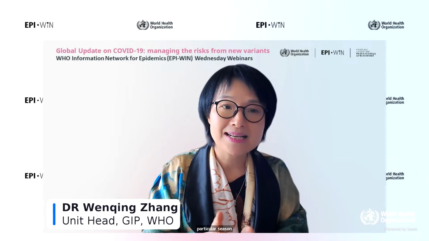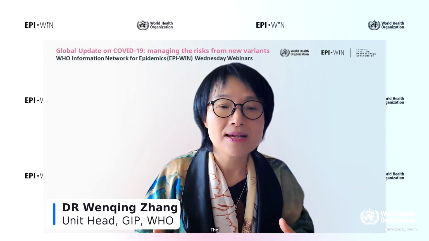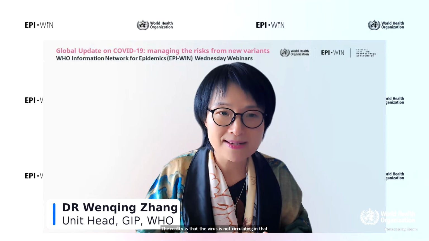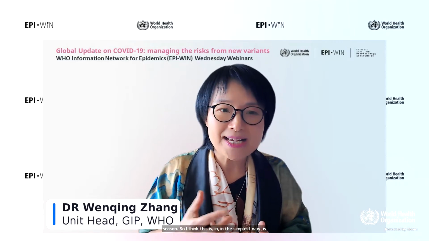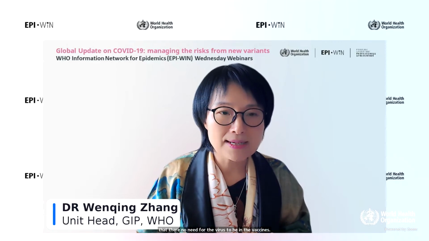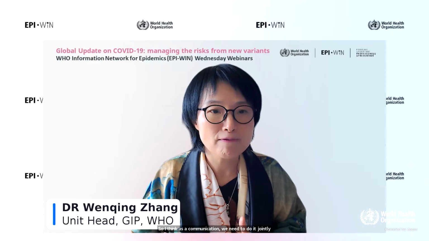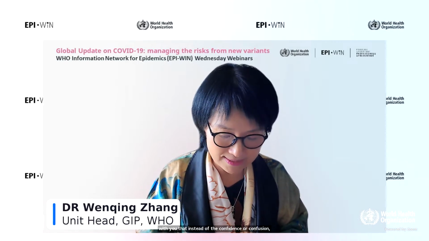The reality is that the virus is not circulating in that season. So in the simplest way, there's no need for the virus to be in the vaccines. So I think the communication, we need to do it jointly with you, so that instead of confusion, we really increase the confidence in the vaccines.